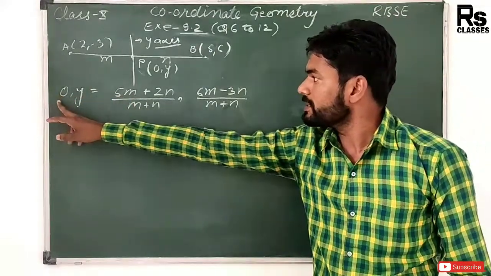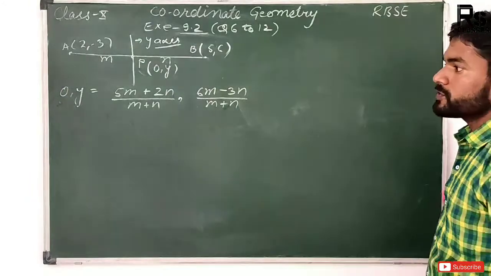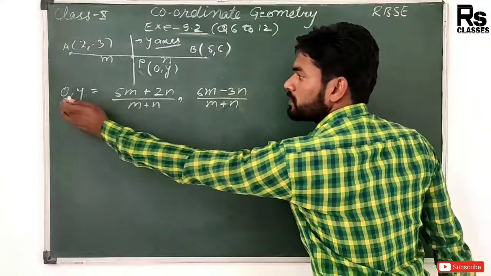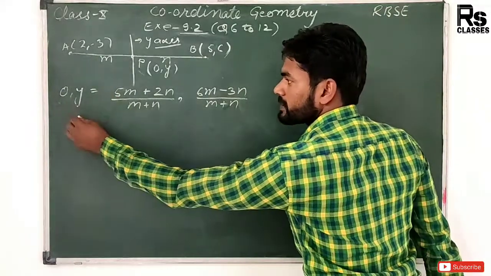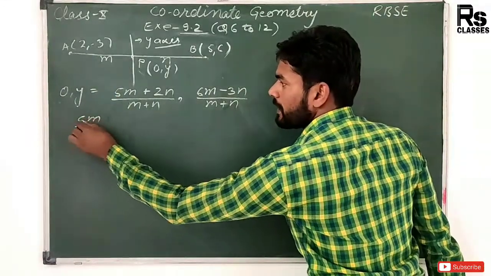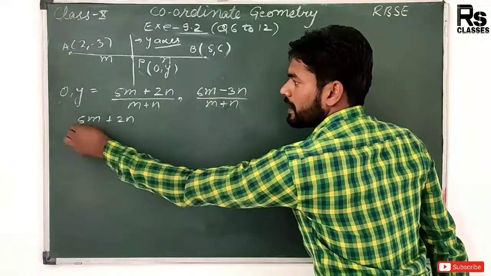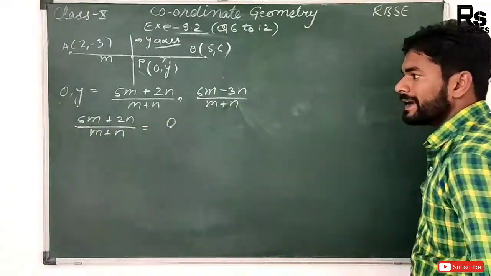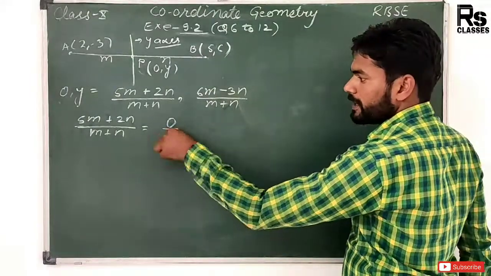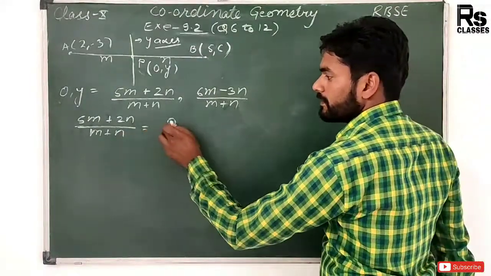I am comparing 0 with (5m + 2n)/(m + n), because both of these values are for x. Then (5m + 2n)/(m + n) is equal to 0. Let's suppose the denominator of 0 is 1, then multiply it cross.